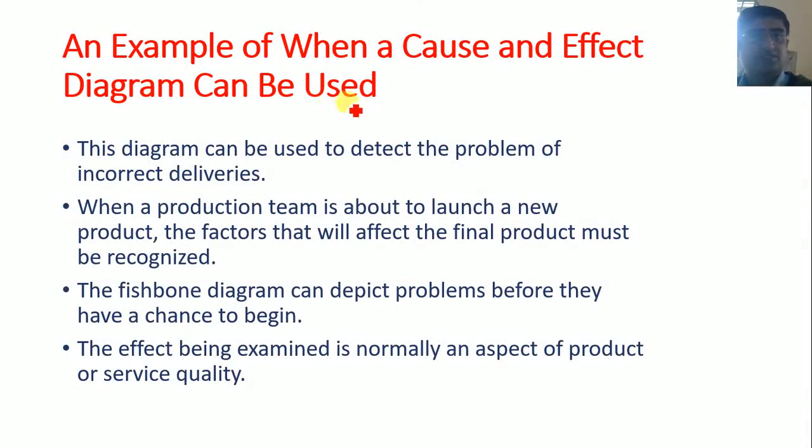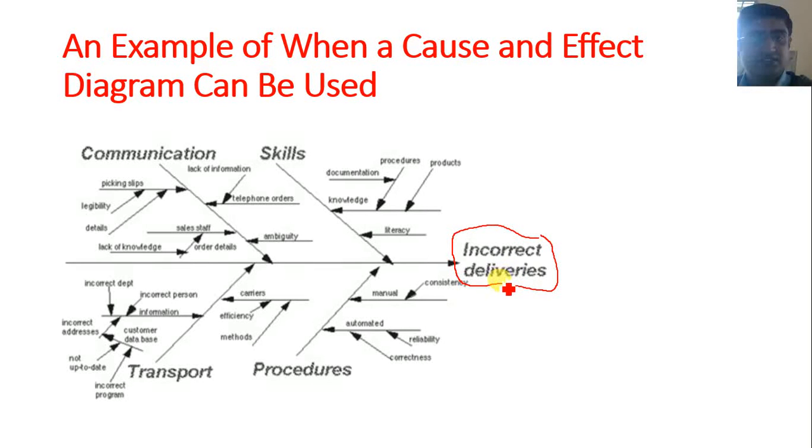Here is an example of when a cause and effect diagram can be used. This diagram can be used to detect the problem of incorrect deliveries. Here you can see the incorrect deliveries, and here are the causes of that particular issue, like skill and communication, and various errors in transport.